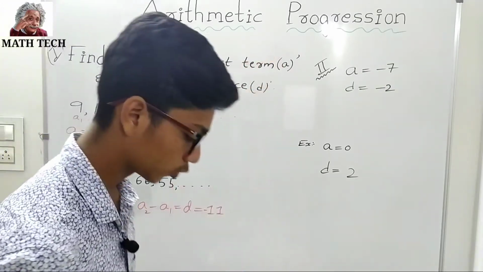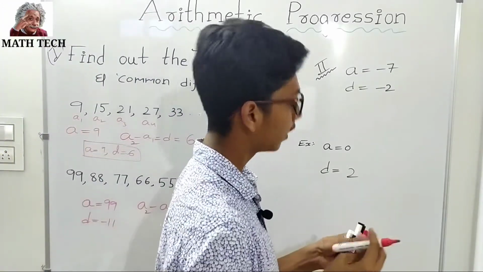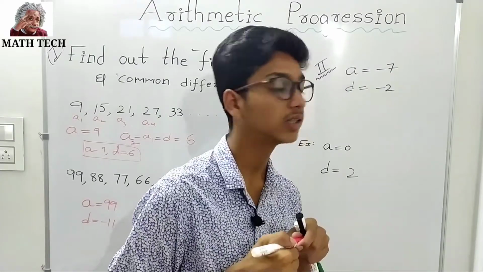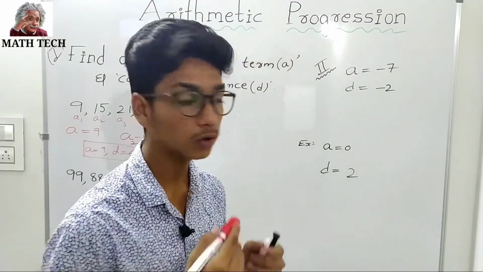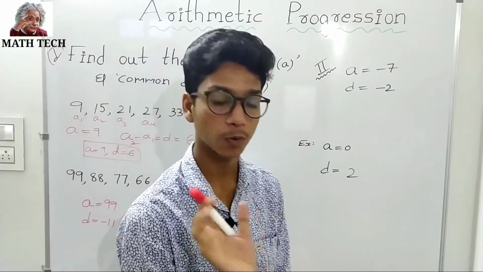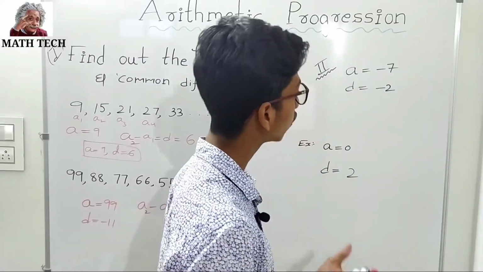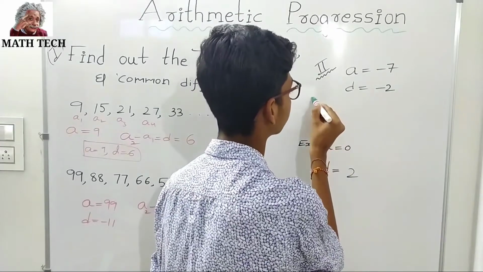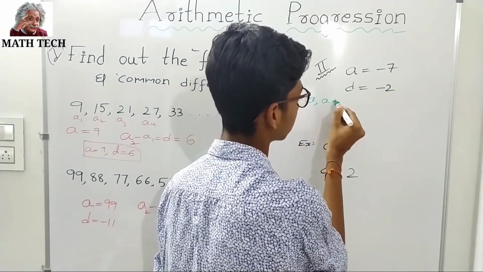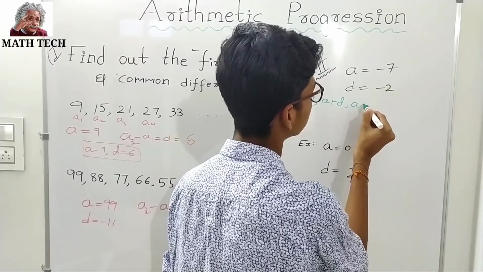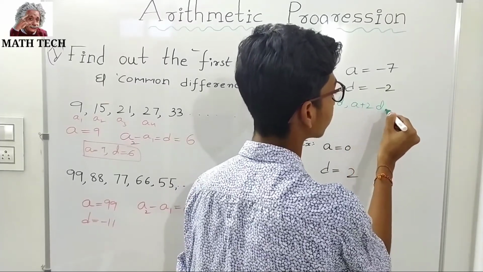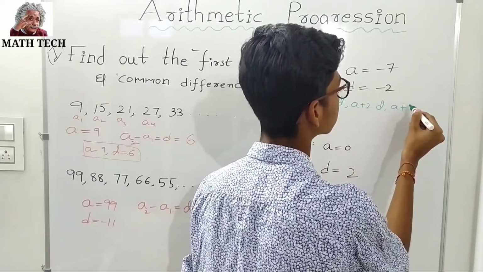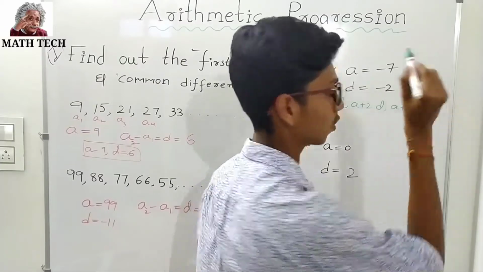Now for the bit number 2, we are given the first term and the common difference and we want to find the arithmetic progression. We already know the general form of the arithmetic progression: the first term is a, the second term is a plus d, the third term is a plus 2d, the fourth term is a plus 3d, and it goes on.